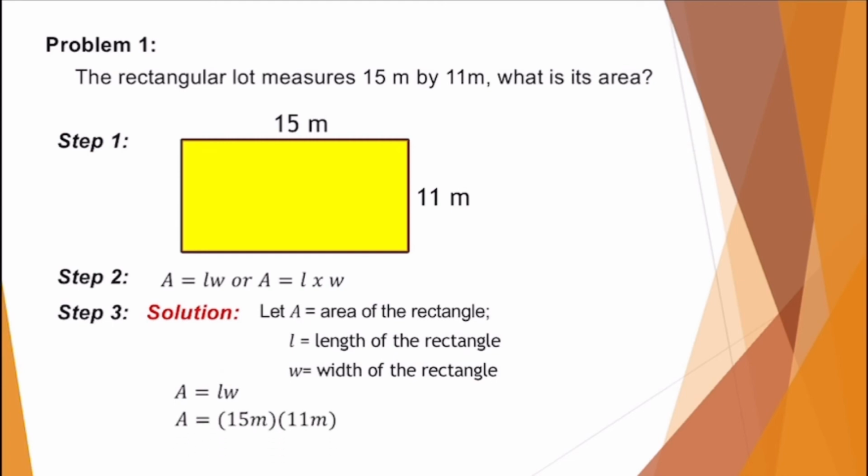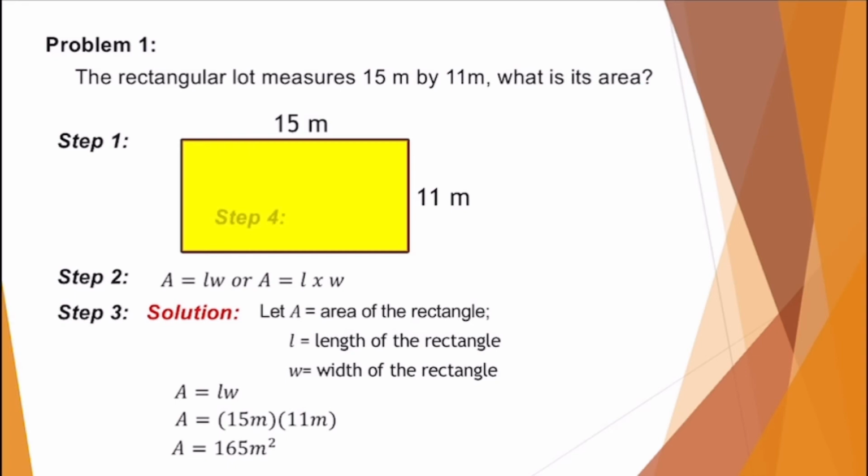Our length is 15 and our width is 11. So we have A = 15 meters times 11 meters. Let's simplify. 15 meters times 11 meters is 165 square meters. Again, if we're looking for the area, the unit must be a square unit.